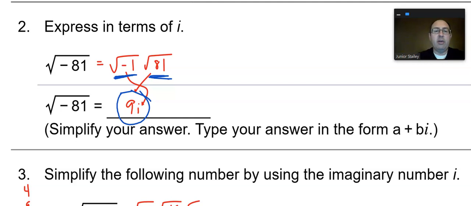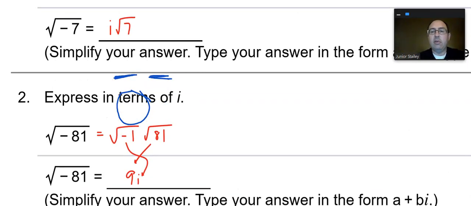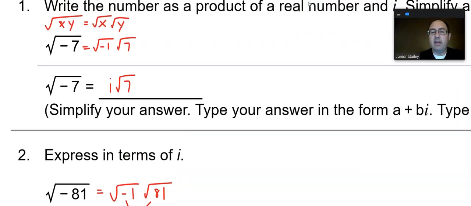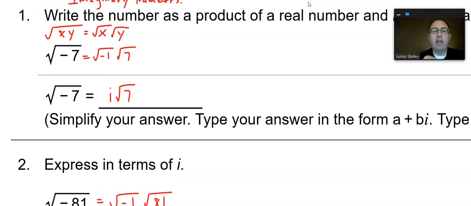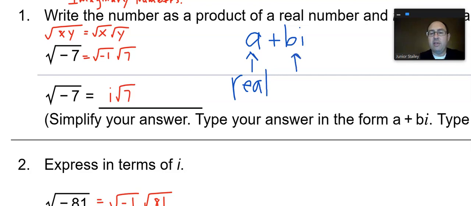Now, I did notice up here on the last question, and let me clear this out, that it said, type your answer in the form a plus bi. Well, maybe we should have a conversation about that. a plus bi. So a is the real portion. And of course this is the imaginary.